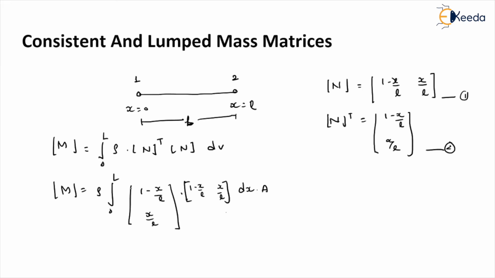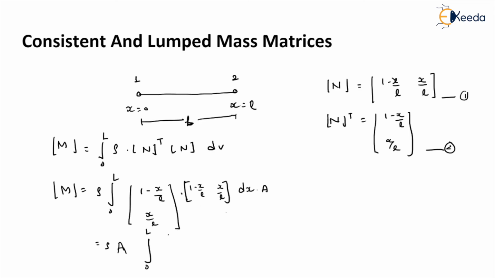So here we have the equation. We can rewrite this equation if we do the multiplication of these two matrices and taking the area common, which is constant. So integration over 0 to L, rho into A common.